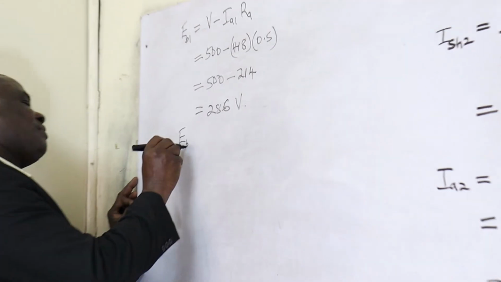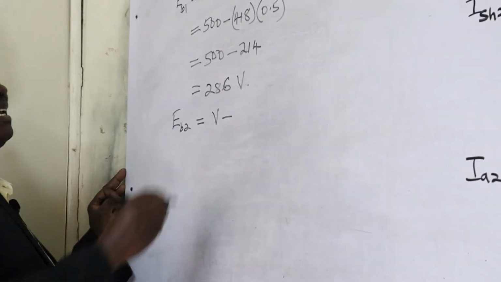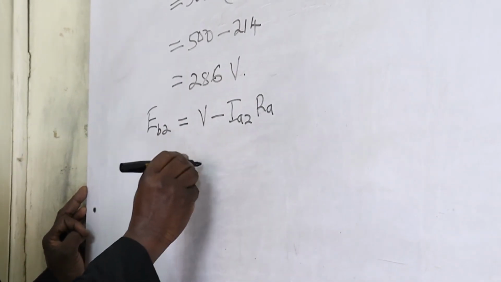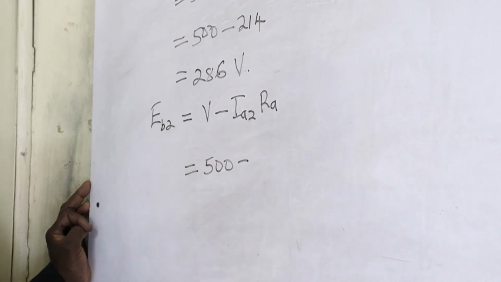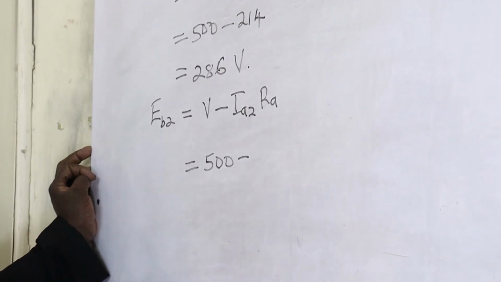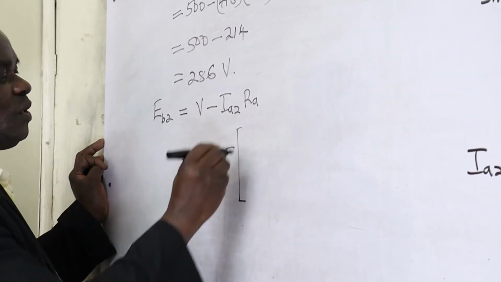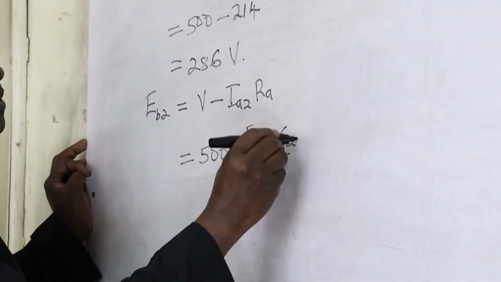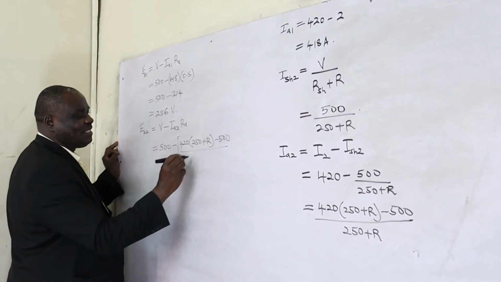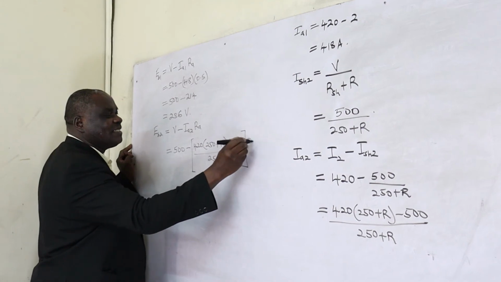EB2 will be equal to V minus IA2 RA, which is equal to 500 minus 420 into 250 plus R minus 500 all over 250 plus R. Now the whole of this is multiplied by 0.5.